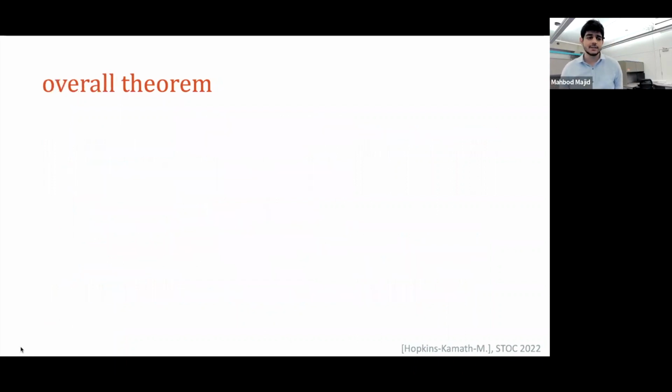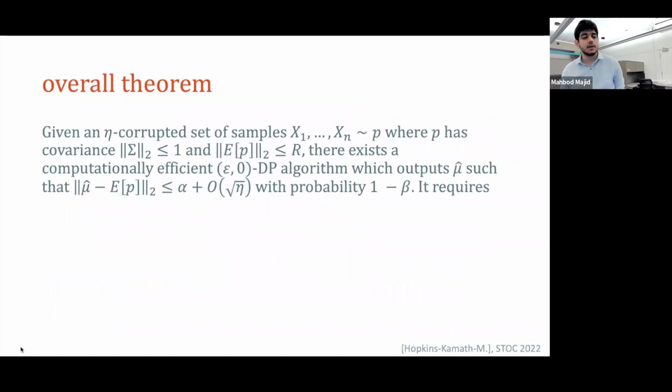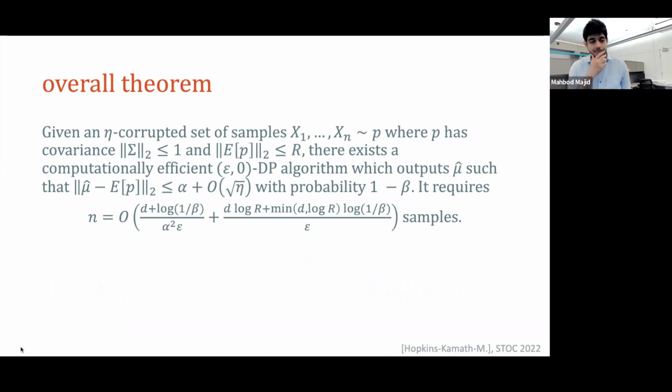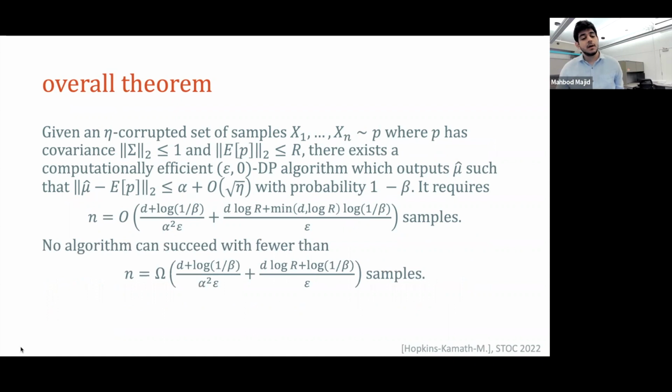Okay, now here's the overall theorem. You can pause if you want to read it. Now, the thing is that our algorithm is optimal in every term, except for the term mean D log R there, and that is for the coarse estimation step.